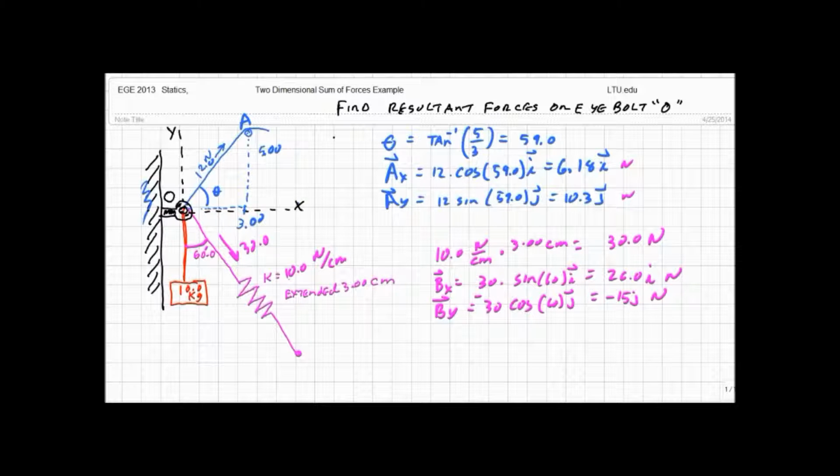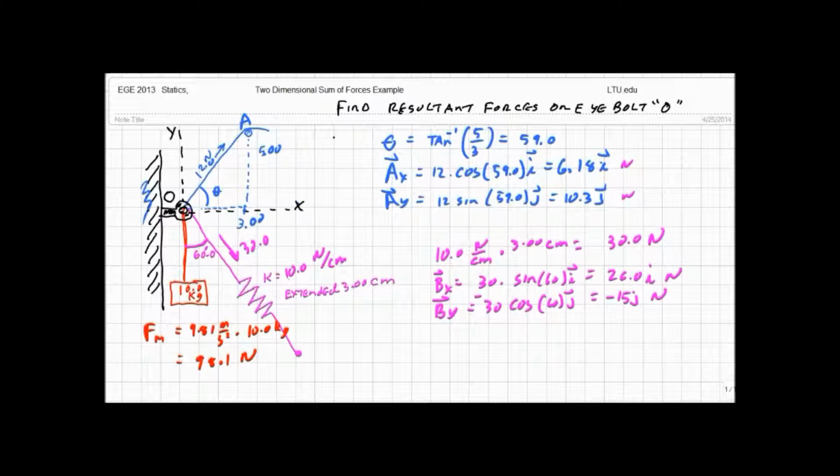So I have to go from kilograms to newtons, and we assume that we're on the surface of the Earth here, with a standard acceleration of 9.81 meters per second squared. I'll calculate my force due to the mass, F sub m, equal to 9.81 meters per second squared times 10.0 kilograms, and that's 98.1 newtons.